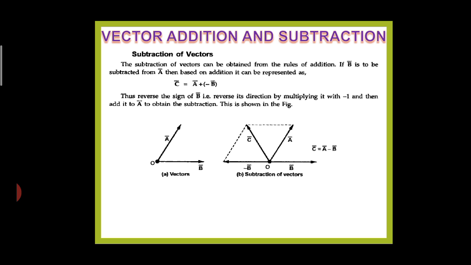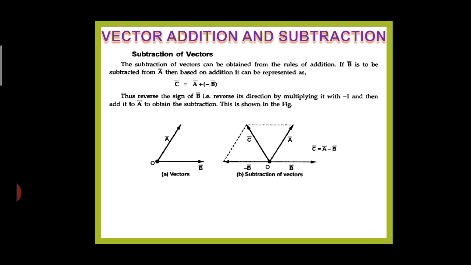So C bar is equal to A bar minus B bar. This is the reverse of the sign of B bar: reverse its direction by multiplying it with minus 1 and then add it to A bar to obtain the subtraction.